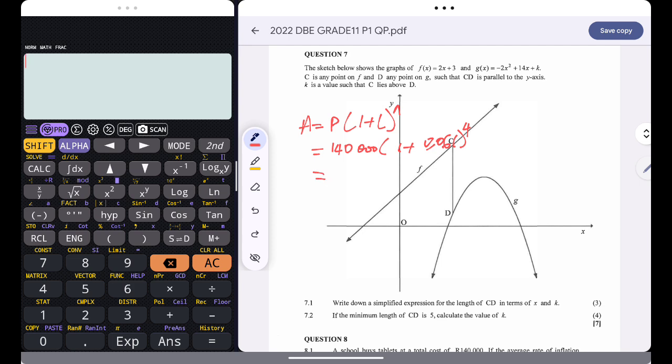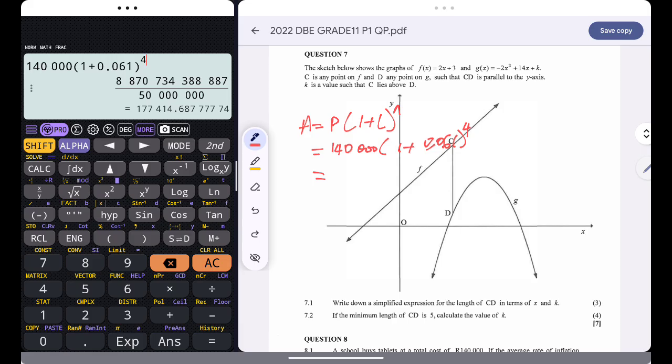So I'll simply get 140,000 multiplied by (1 plus 0.061) all raised to the power 4.